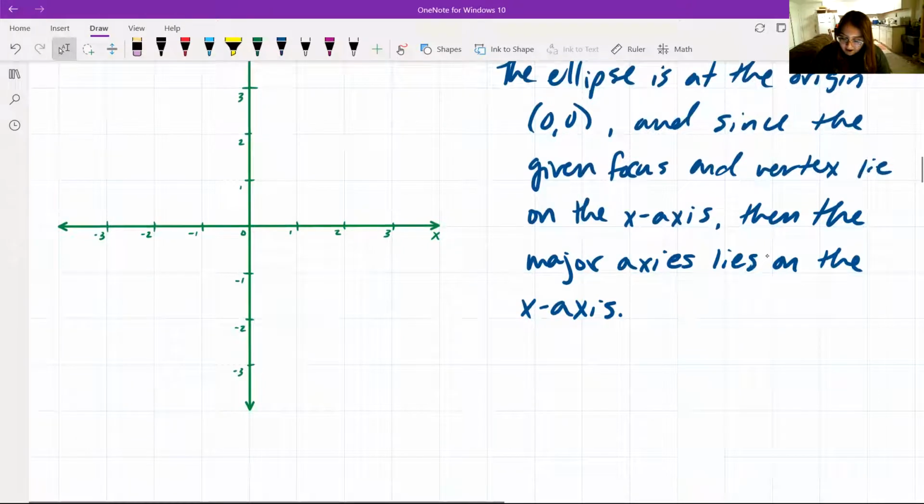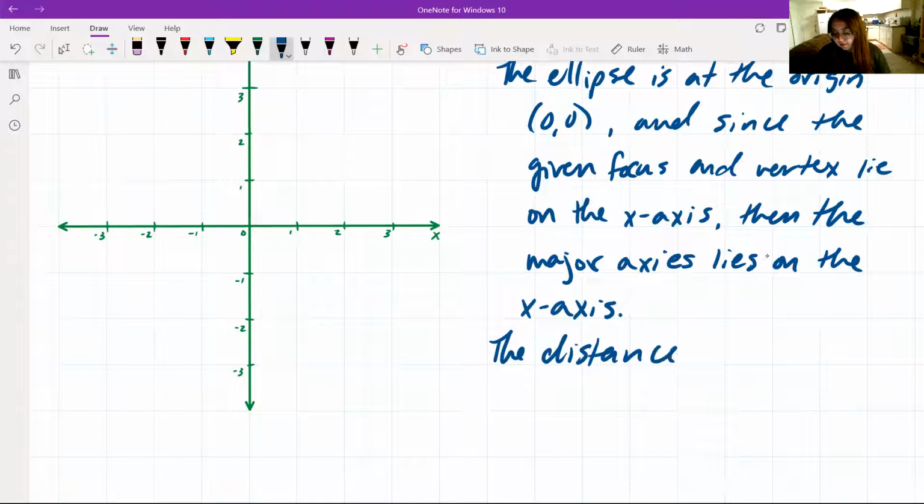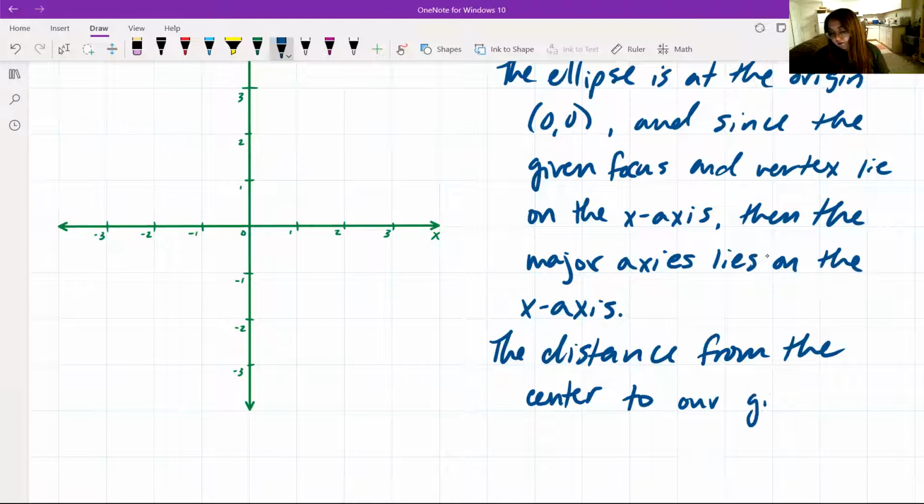Then the distance from the center to our given focus is c.